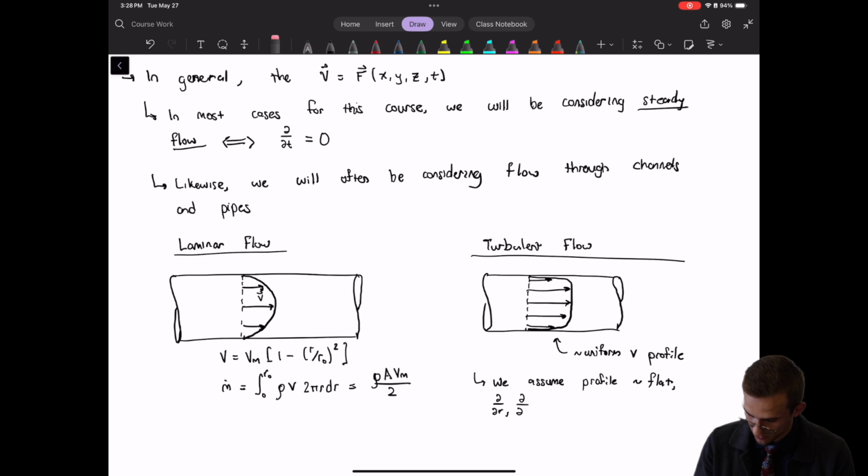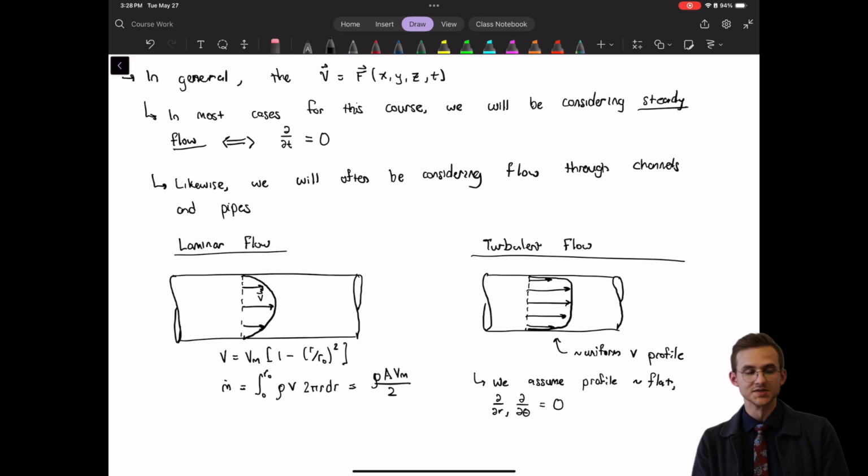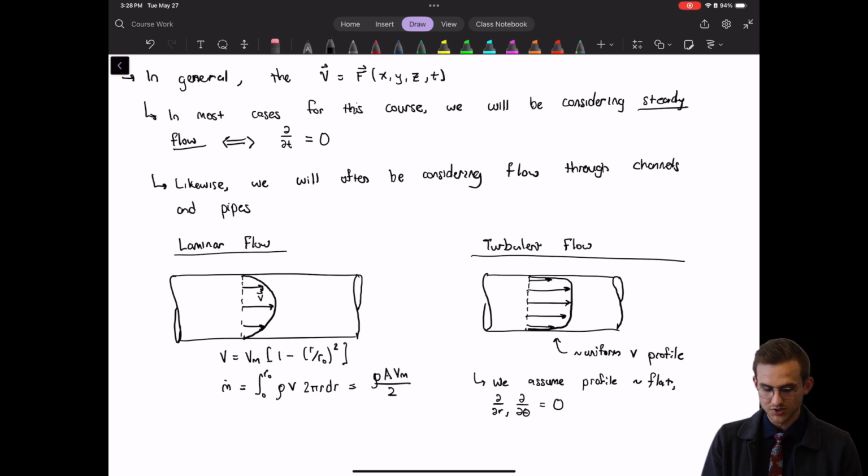Again, using cylindrical coordinates here, but the same would be true of a square duct. It would be the two directions that are perpendicular to the direction of the flow, the two directions that span the cross-sectional area at any point in the channel. The partial derivatives in either of those directions go to 0.